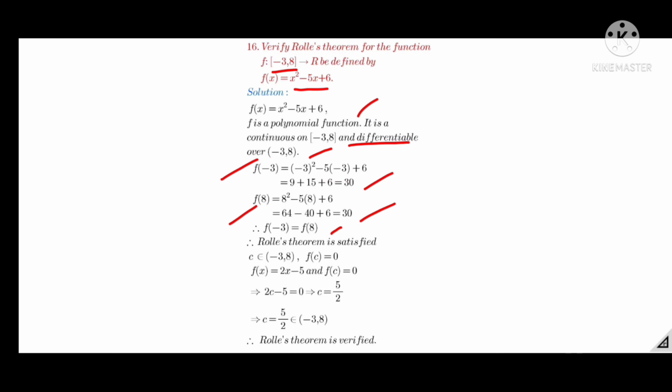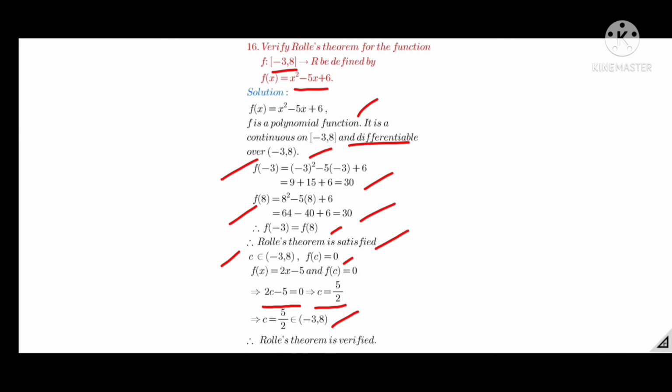That is, all three conditions for Rolle's theorem are satisfied. Now there exists a point c belongs to (-3, 8) such that f'(c) is equal to 0. Now f'(c) is equal to 2c minus 5 is equal to 0, that is c is equal to 5/2, and 5/2 belongs to this interval. So Rolle's theorem is verified.